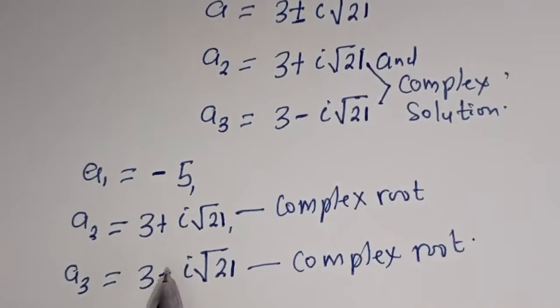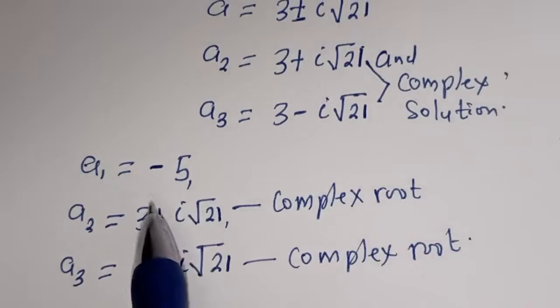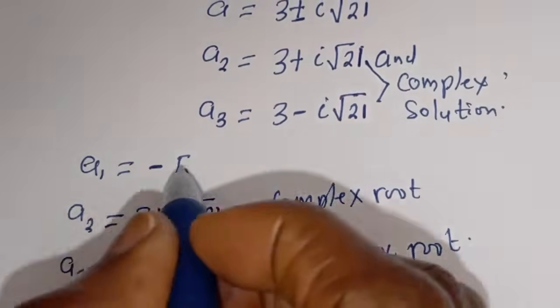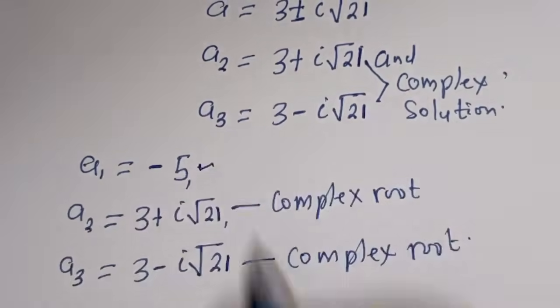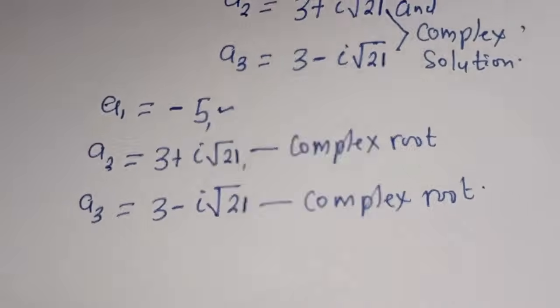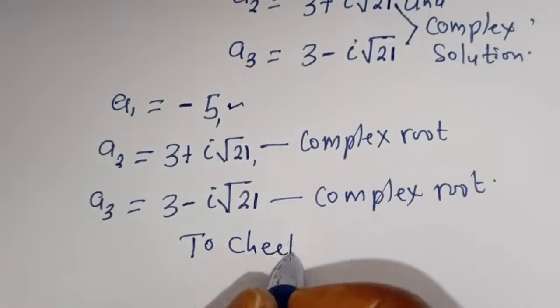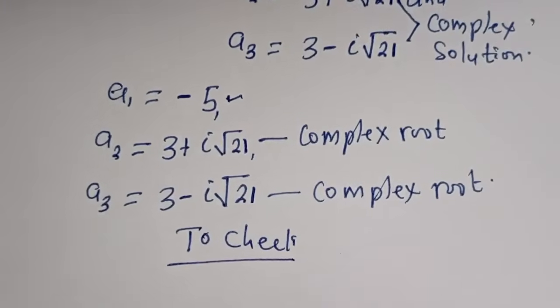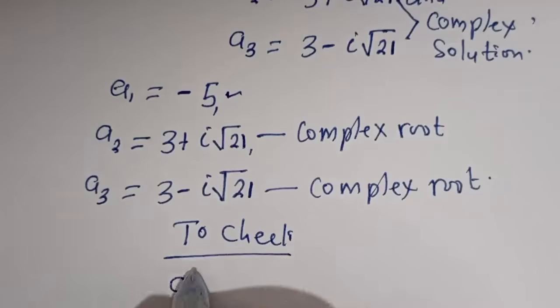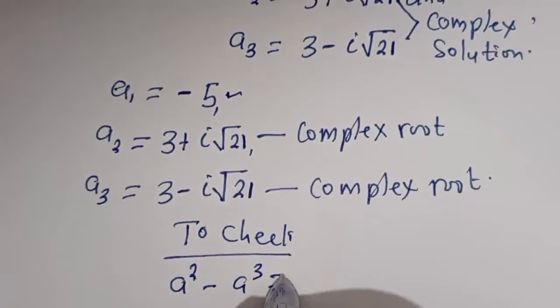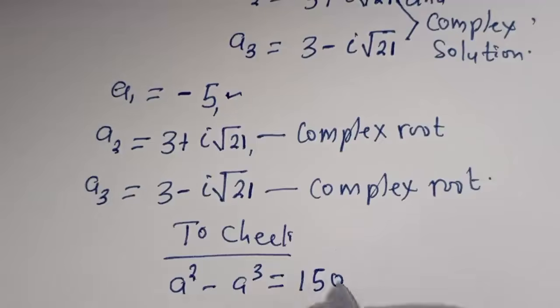Now we can check to confirm if our answer is right or wrong. Let's check. To check, we are going to use a is equal to minus 5. We have the given equation a squared minus a to the power of 3 is equal to 150.